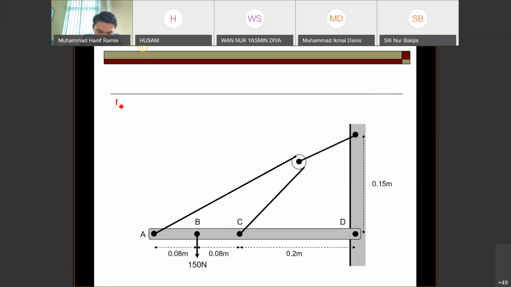You can draw on your sheet of paper. Just put the point there, A, B, C, and D. So you have the shape, you have the geometry.